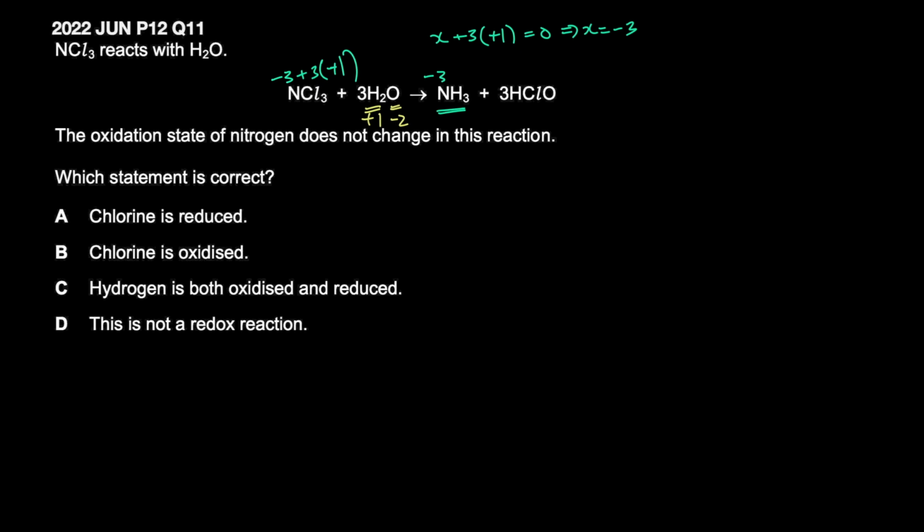Again, that's not changing. The hydrogen in HClO is also +1 because it's bonded to a non-metal. The oxygen is -2. Then you have +1 -2, that's -1. That means this chlorine over here must be +1. So chlorine is +1 on the left and +1 on the right. Hydrogen is +1 on both sides. Oxygen is -2 on both sides, and nitrogen is -3 on both sides. So there are no changes in oxidation number in this reaction, which means that this is not a redox reaction.